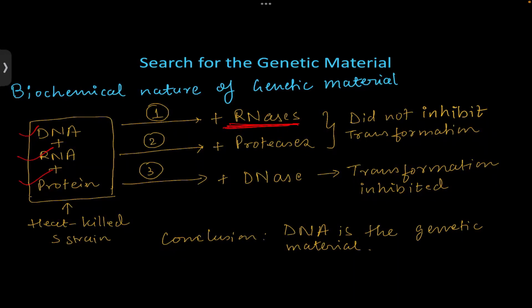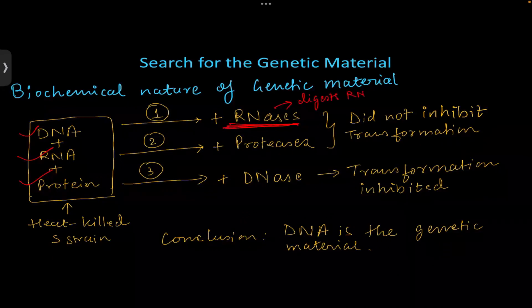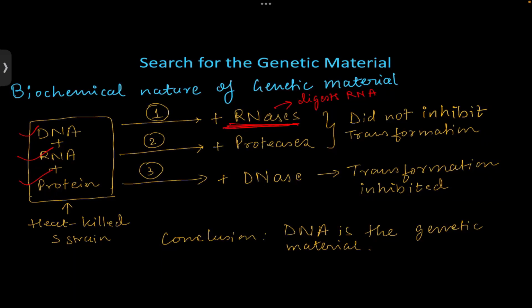Now, what is RNase? RNases are hydrolytic enzymes that digest RNA. So if you add RNase into an RNA mixture, the RNA will be degraded altogether. After some time, you won't find any RNA in that solution.